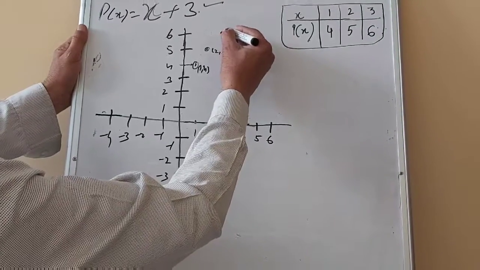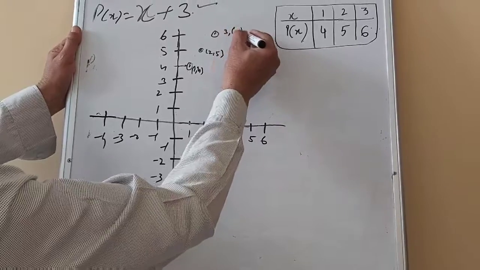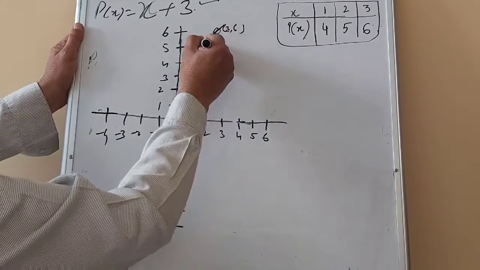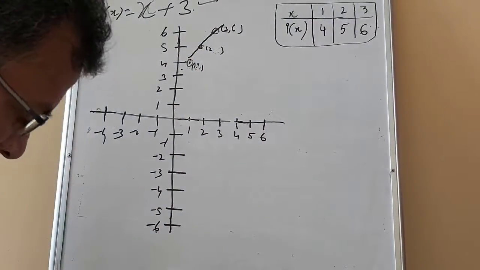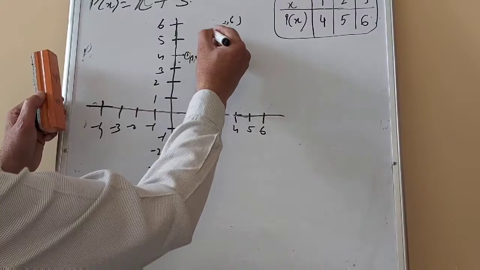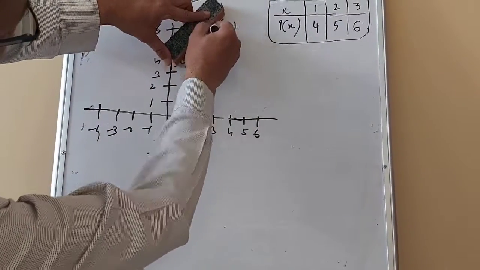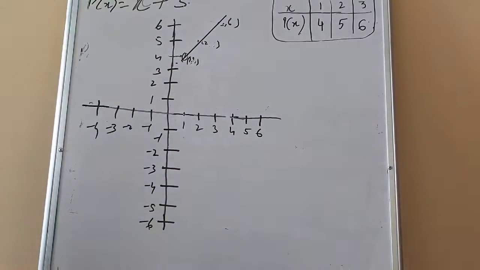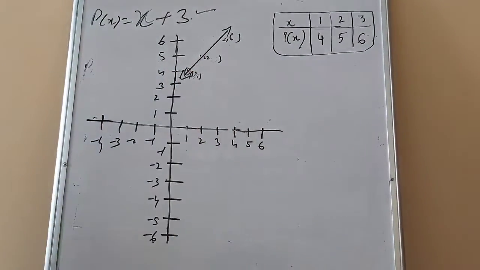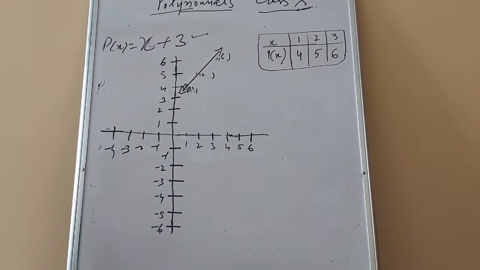So when we join these three values, what we will get? We will get a straight line. You can extend this thing, right? We'll get the straight line. This is a linear graph.